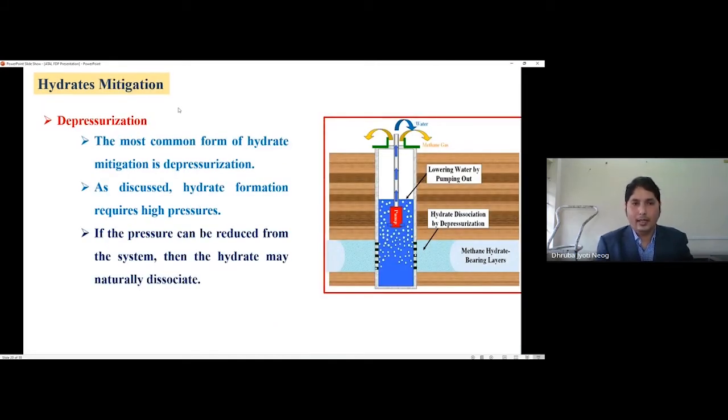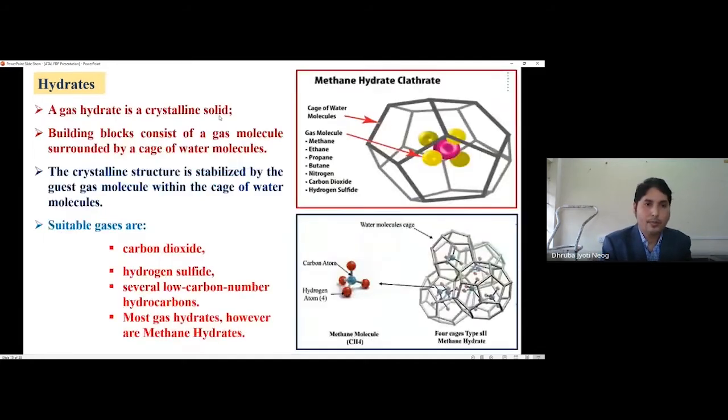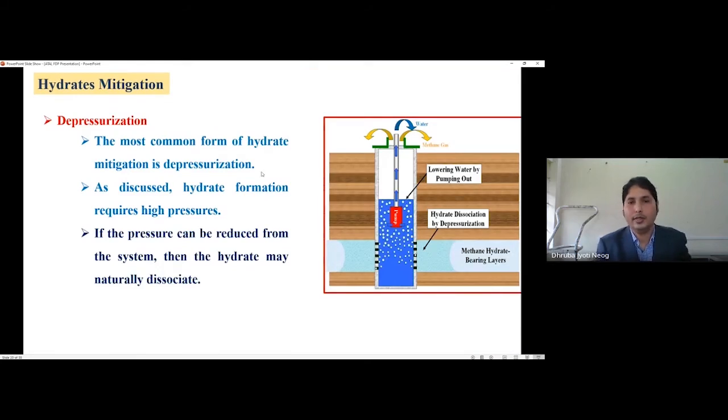In order to mitigate hydrate formation issues inside the tubing or inside the well, it is required to carry out different measures. One of the common measures is the depressurization method, because for hydrate to form, what are the required conditions? Low temperature is required, and high pressure is required.